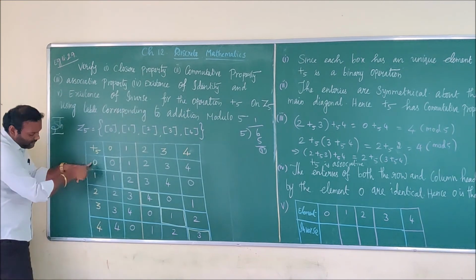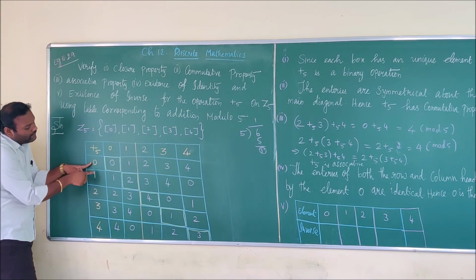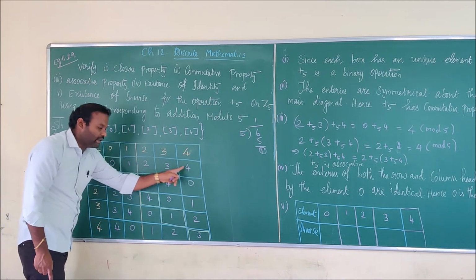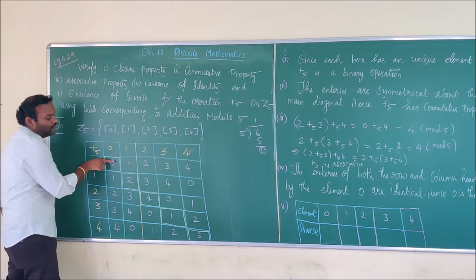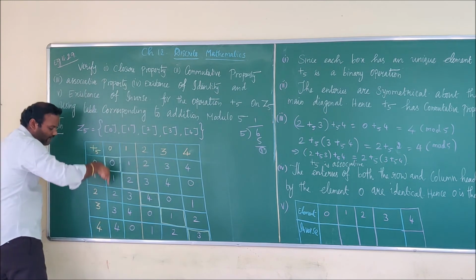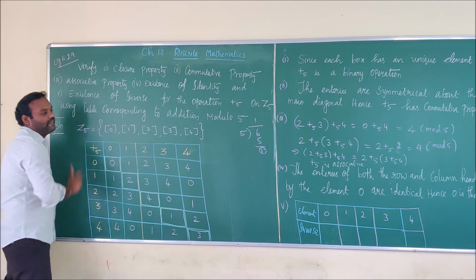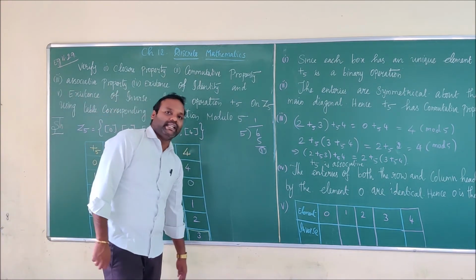And the column headed by 0 is also 0, 1, 2, 3, 4. So the row headed by 0 and the column headed by 0 are identical, so we can say that 0 is the identity element.